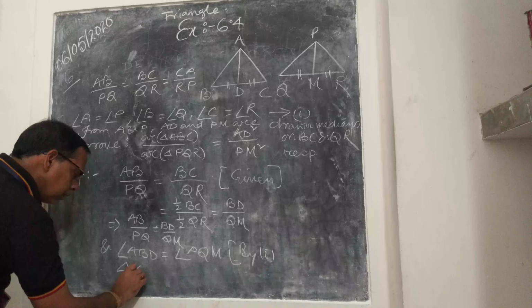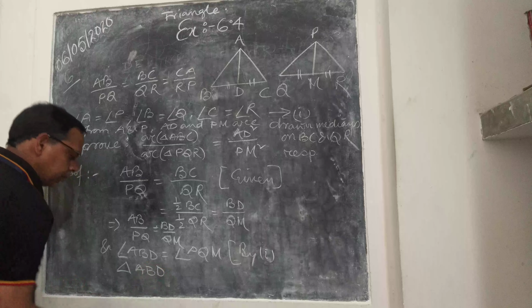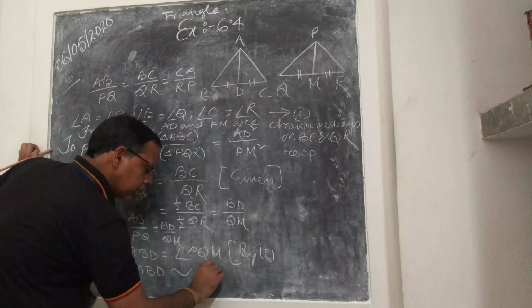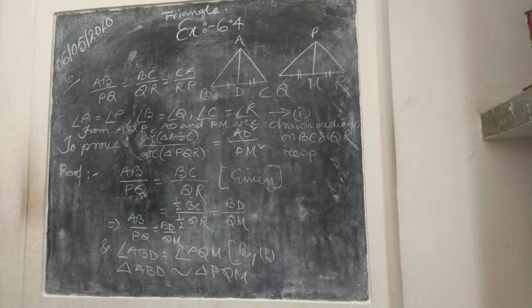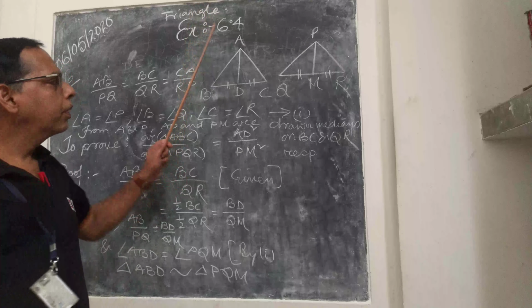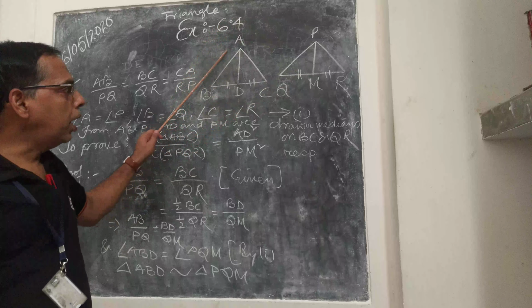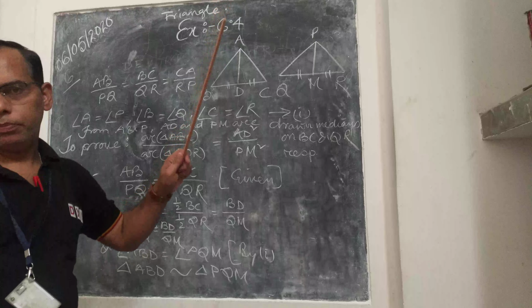Triangle ABD is similar to triangle PQM. Yes or not? So we got two similar triangles. If two triangles are similar, then just like that theorem, AB by PQ equal to AD by PM.